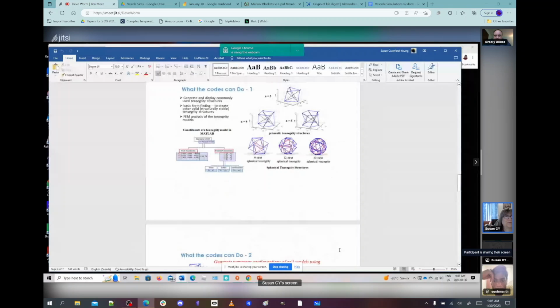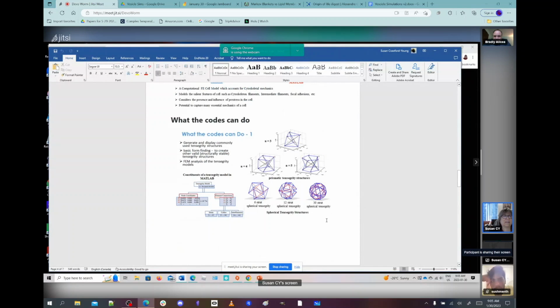So go down to the next page. Some of this is looking like my exterior cells, epithelial cells. Anyway. So form finding is like finding the different shapes that they make, like the different topologies. It's a different topology for whatever you start off with.